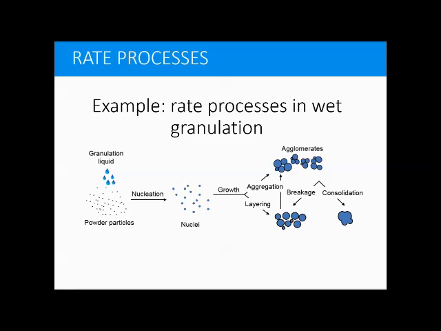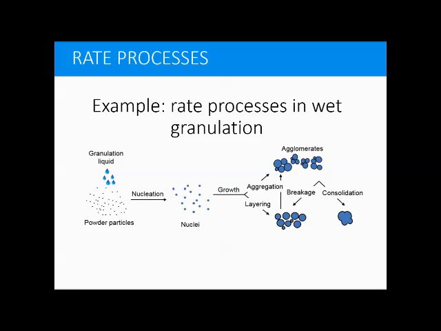And the phenomena, the mechanisms that occur in this process are various. So as you can see on this scheme, we first have basically a nucleation step where, due to the addition of the granulation liquids to the powder particles, which is just a bunch of powder, it's not part of the simulation yet, but as soon as they are nucleated, they form entities that are being modeled in the population balance model.